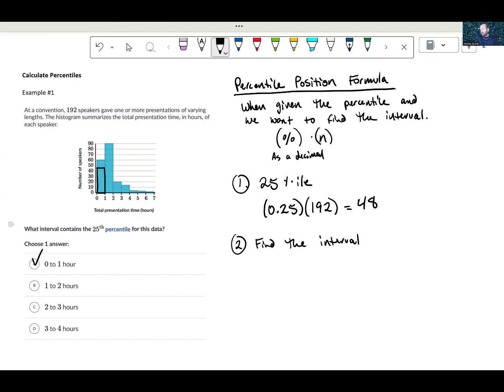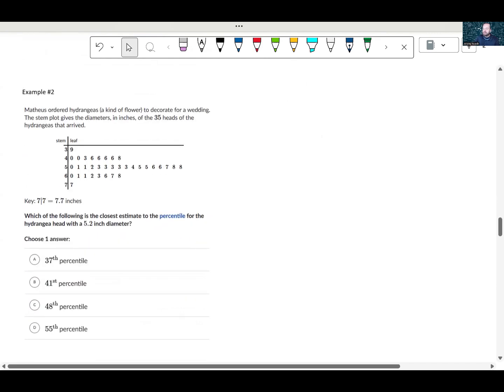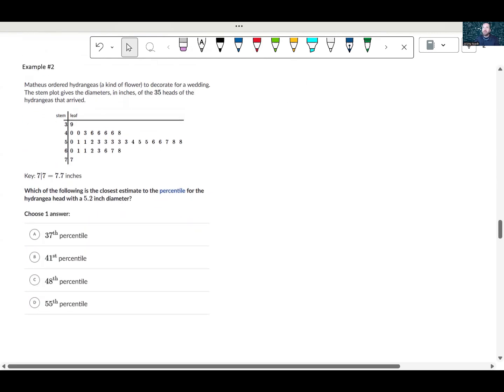So again, we don't times by 100 for this percentile position formula. It's just the percent times n. For our next example, we're going to use the percentile rank formula. When we're given a value and we need to find the percentile, we use the percentile rank formula.